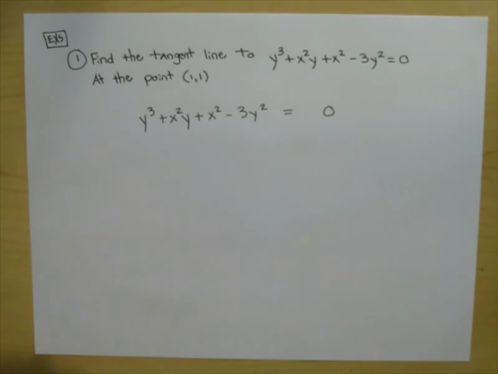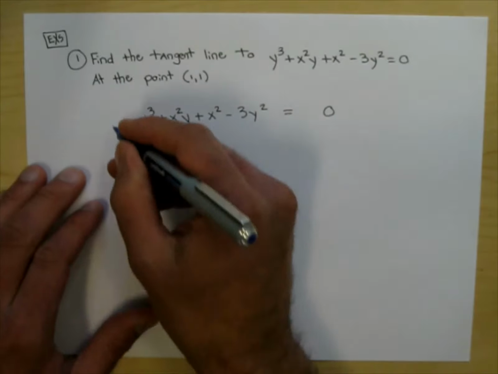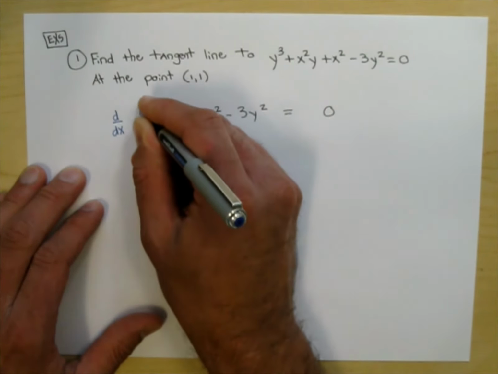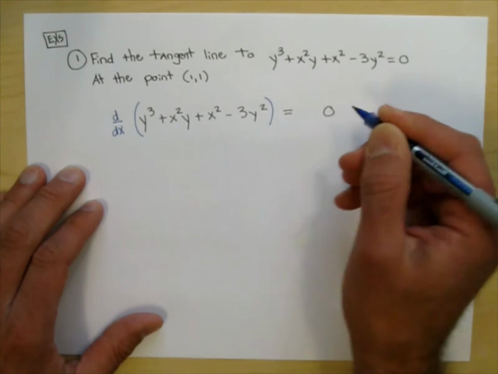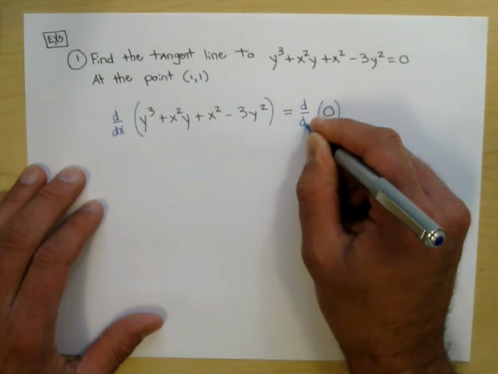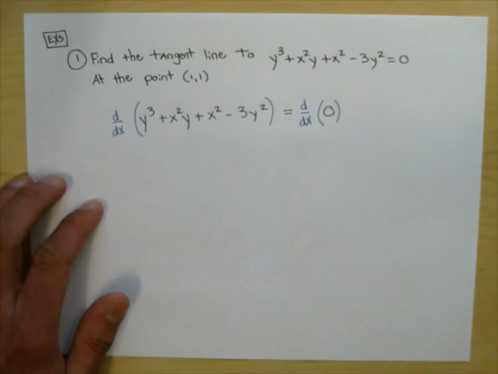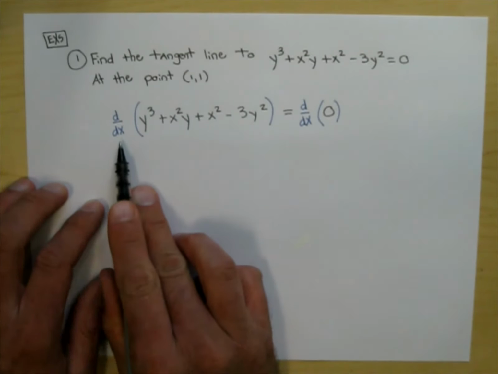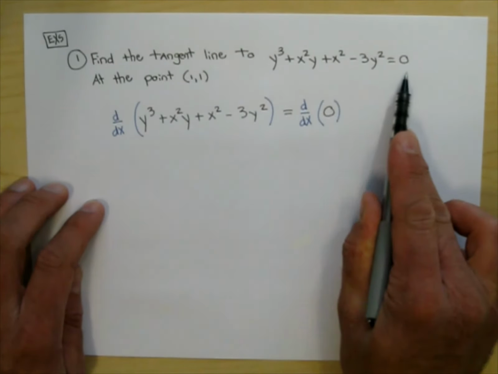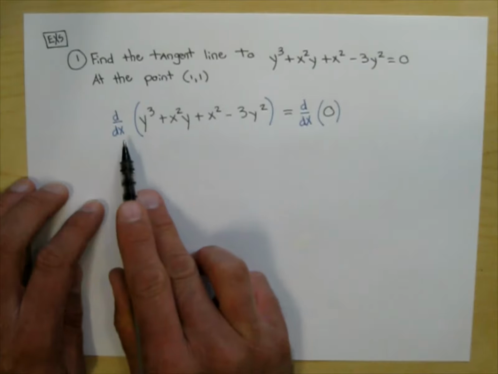So I'm going to hit both sides of this equation with the derivative gun. d/dx over here is d/dx. Now after a while, you might decide, oh, I don't need to write that step. I know what I'm doing, and then you just attack this with the derivative gun. But I'm going to do it this way.